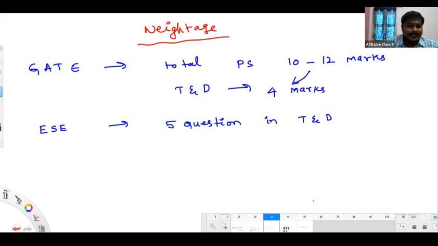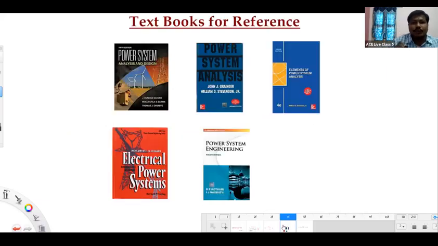Next thing, regarding textbooks for reference, just go through these textbooks. I think in the earlier class also, maybe in the F&S also, I have given these textbook names to you, only for reference. First one is Power System Analysis and Design by Duncan Glover.